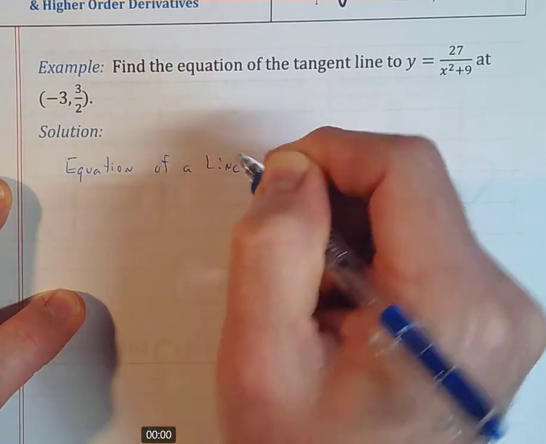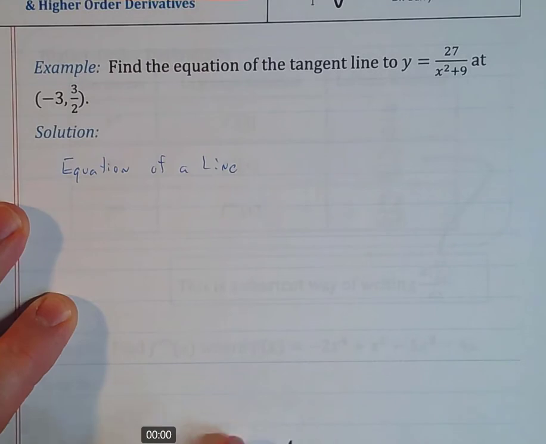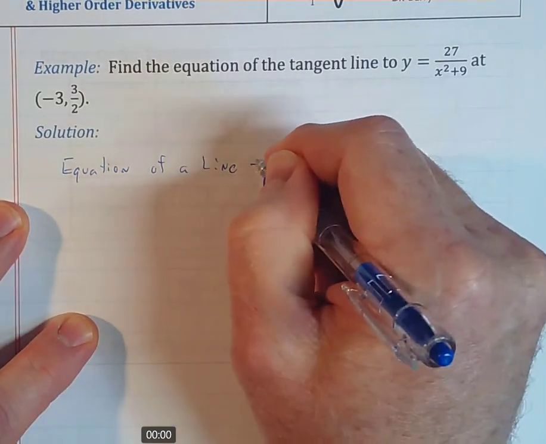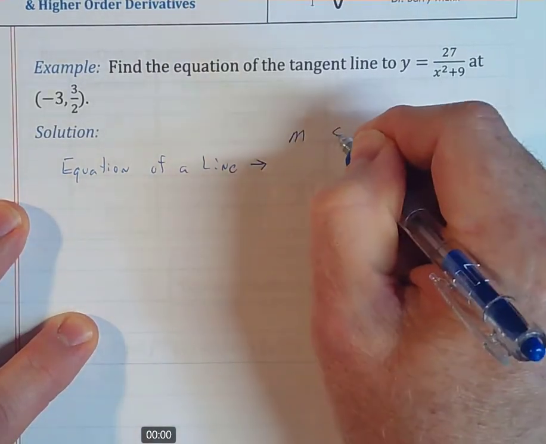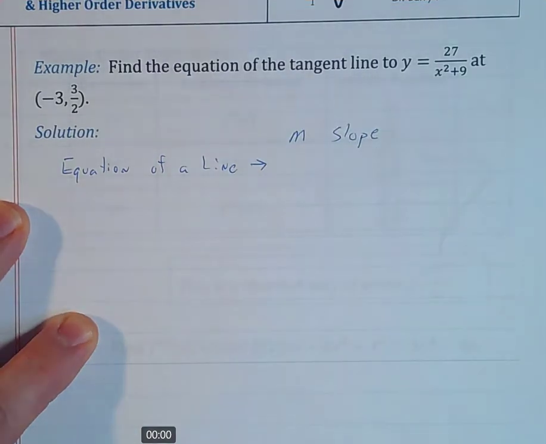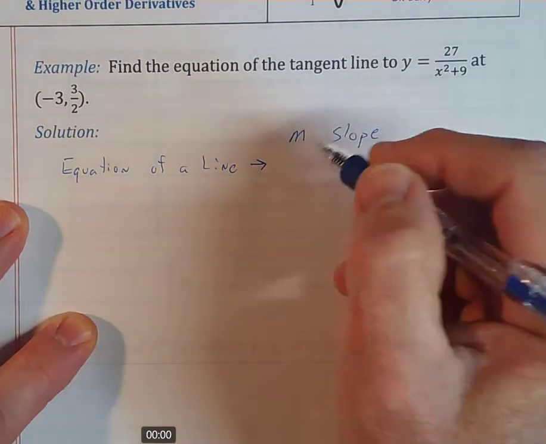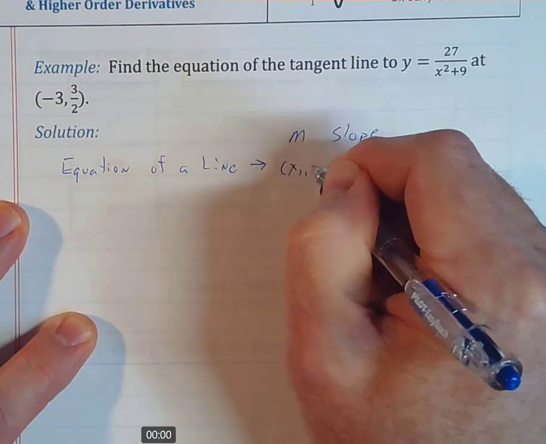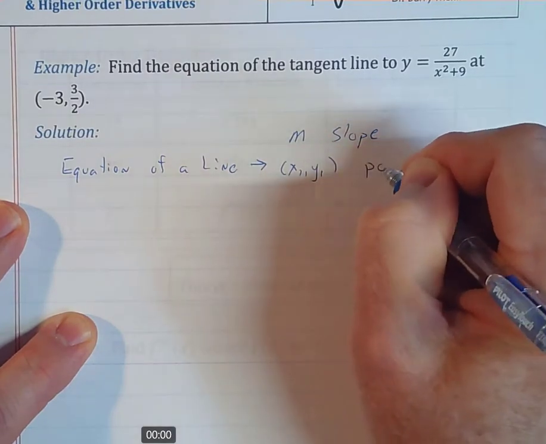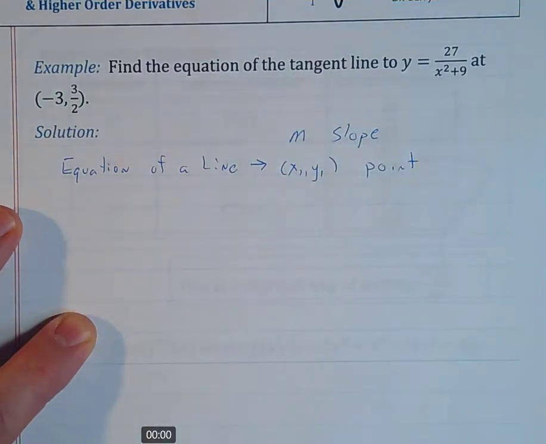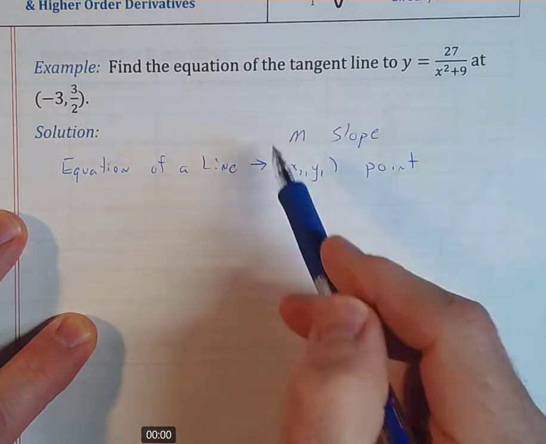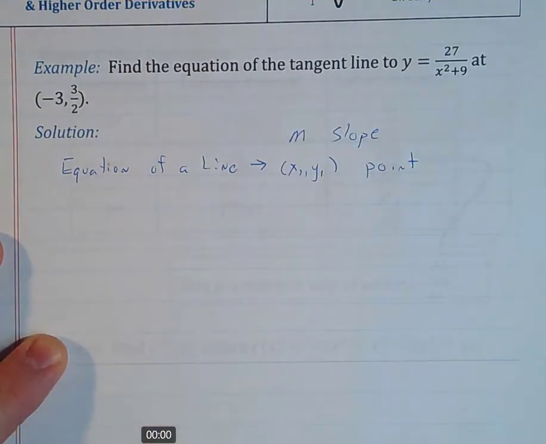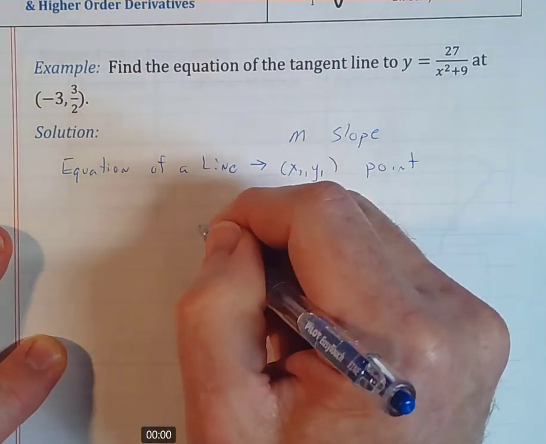All I'm doing is remembering from algebra that to find the equation of a line, we need m, which is the slope, and we need x1, y1, which is just a point on that line. So that's the minimum information that I need to be able to find the equation of a line. And if I have those things, then I can write down the equation of a line.